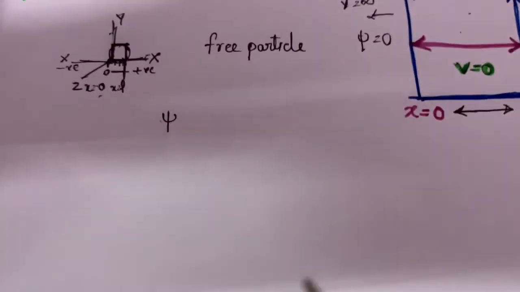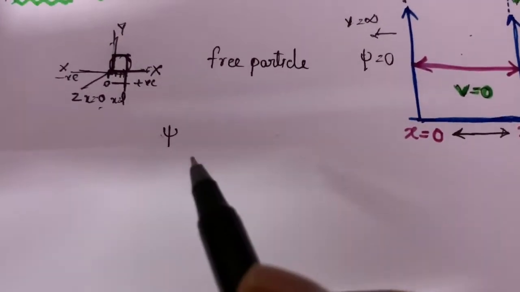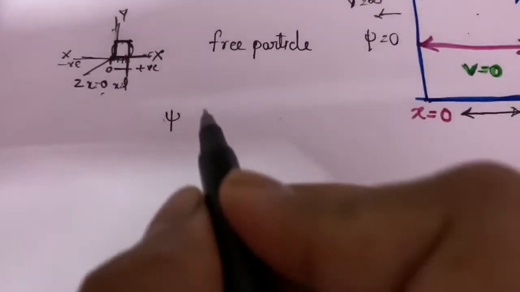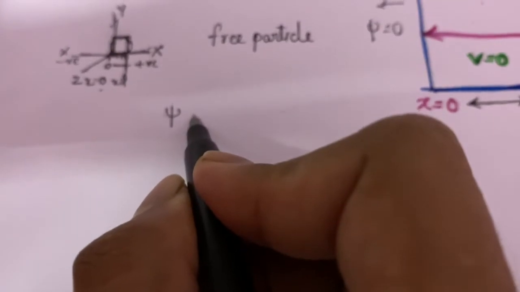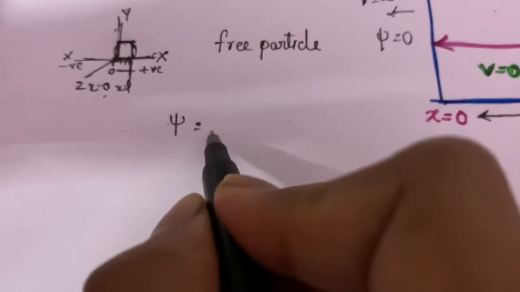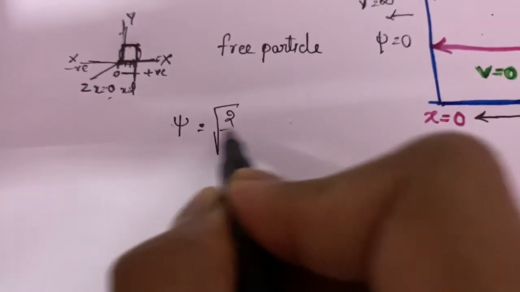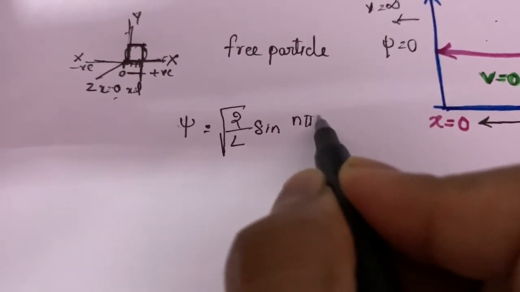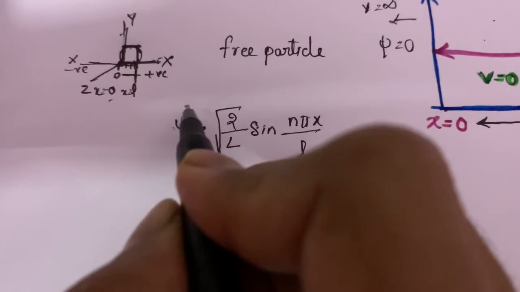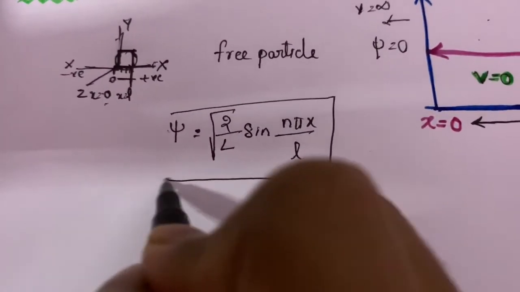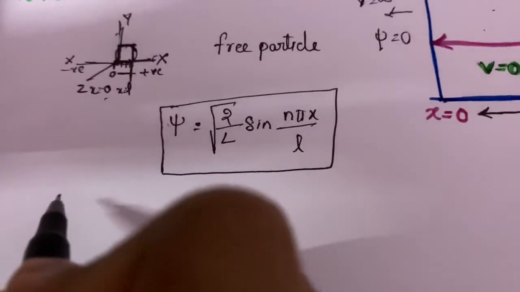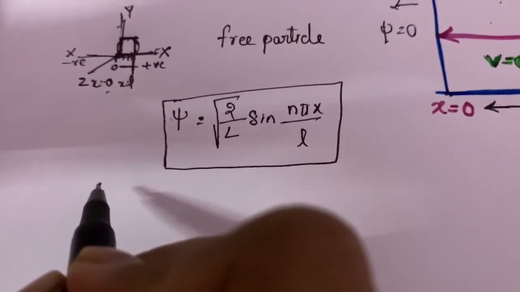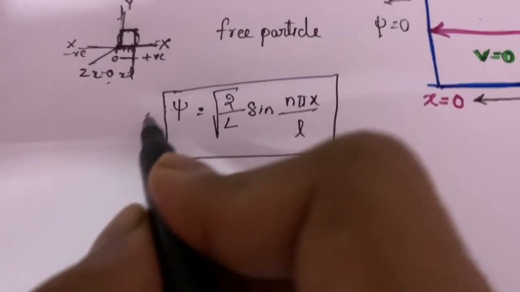Like energy, where exactly the particle is located, the probability of finding the particle inside the box, all the information you will get by using the psi equation, that is root 2 upon L sine n pi x upon L. This is the equation we are going to derive by using quantum mechanical postulate 3 and the Hamiltonian operator. So first we are going to derive this equation.